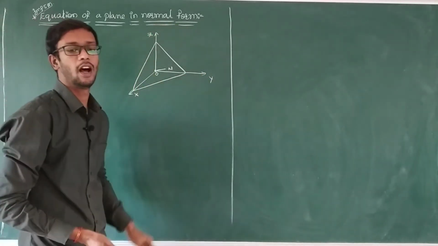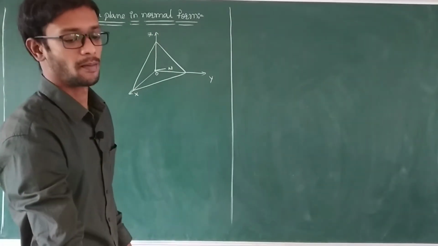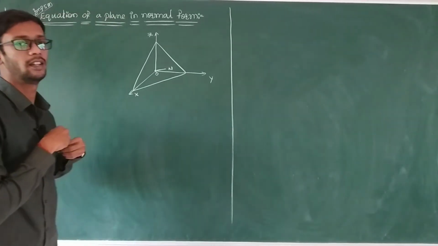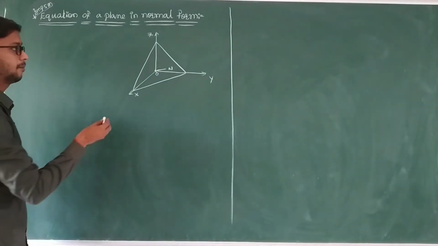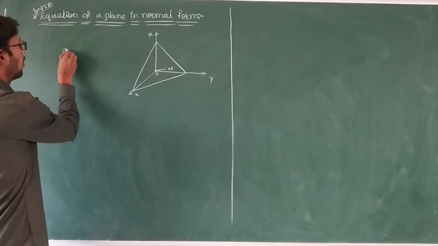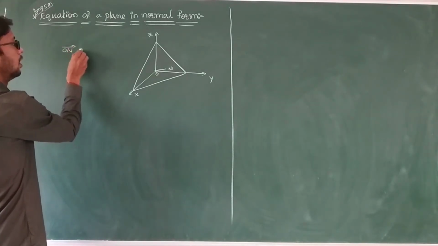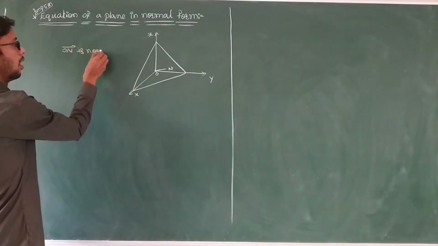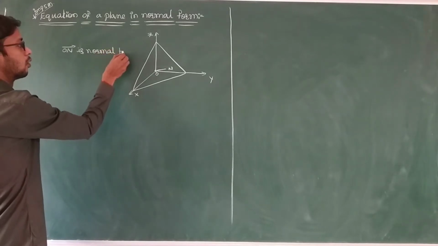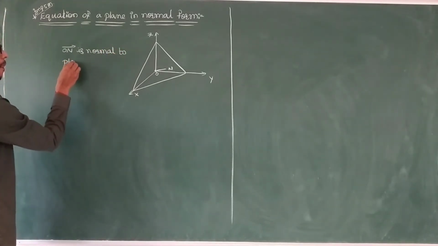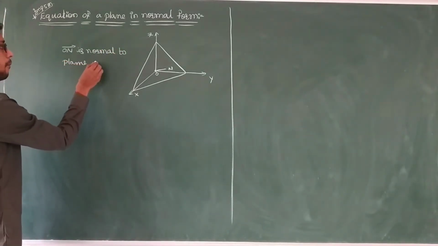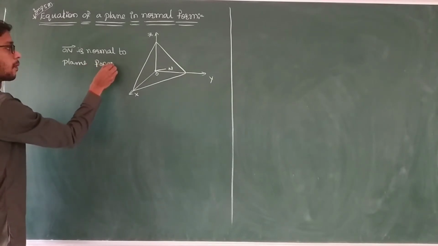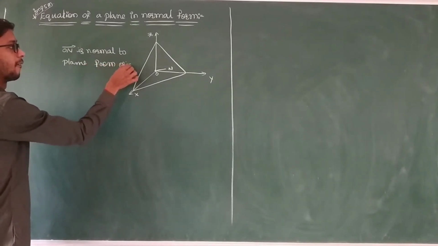So this one is a normal. ON bar is the normal to the plane from the origin.